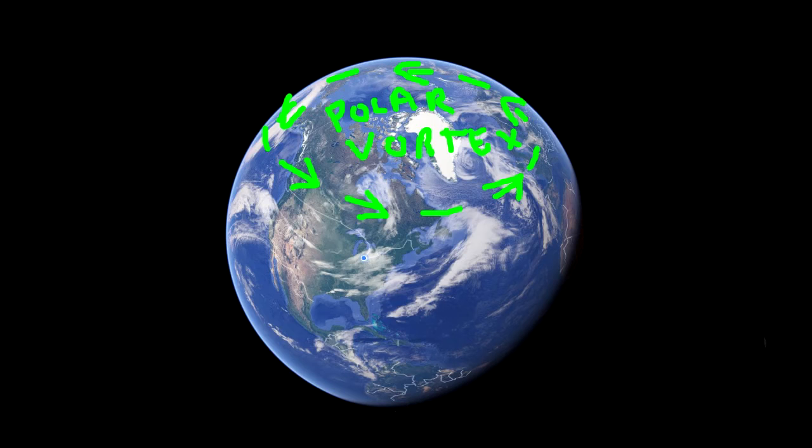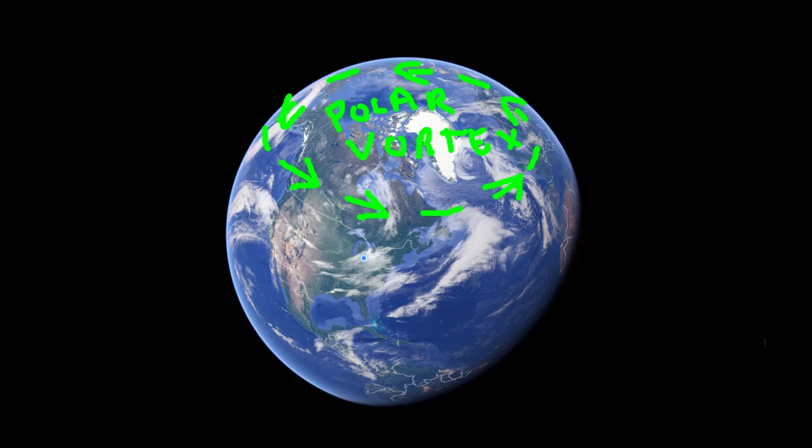So when we look up in the polar region where the sun was not beating down hard, that air gets a lot colder up there, it spins counterclockwise, and so does the polar vortex.